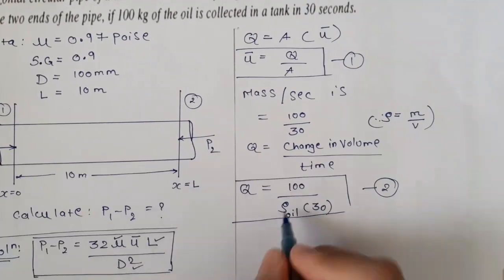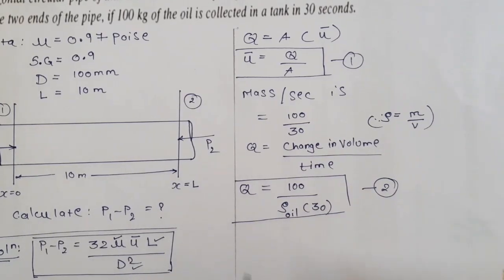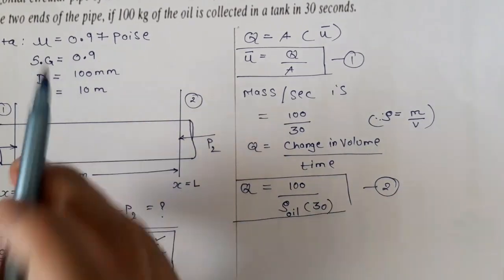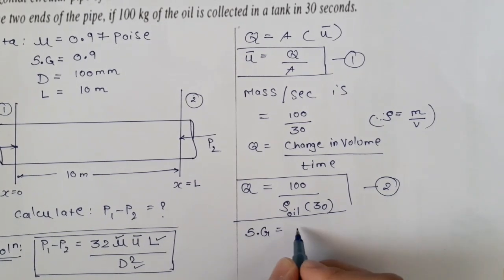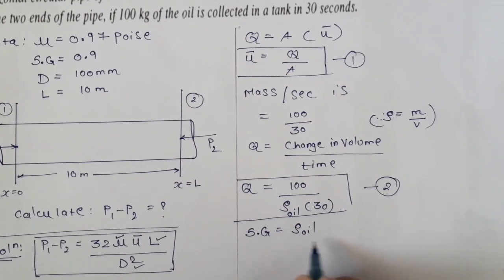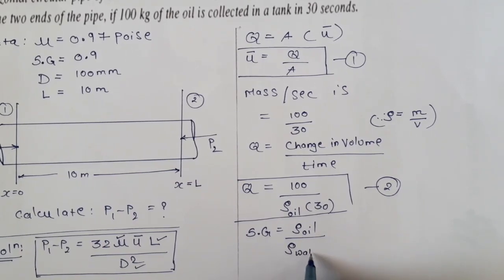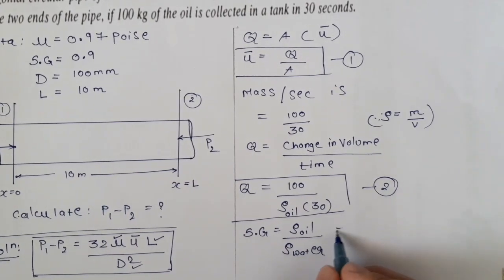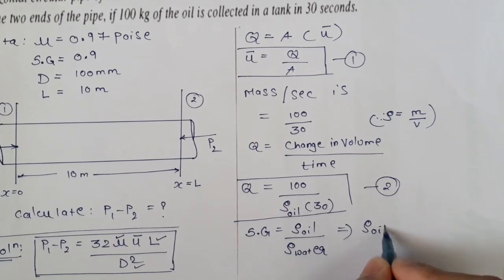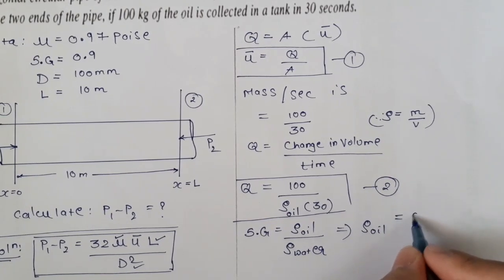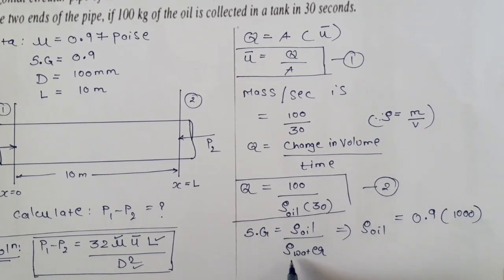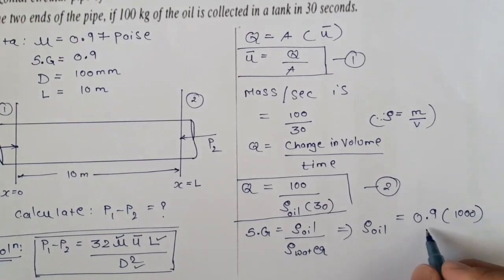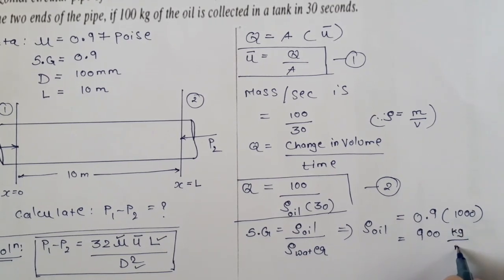Now we have to find the density of oil. We have been given the specific gravity. So we know the formula of specific gravity is equals to density of oil upon density of water. Which implies that density of oil is equals to specific gravity 0.9 into water 1000. Remember, the density of water will be 1000 kg per meter cube. So this will be 900 kg per meter cube.